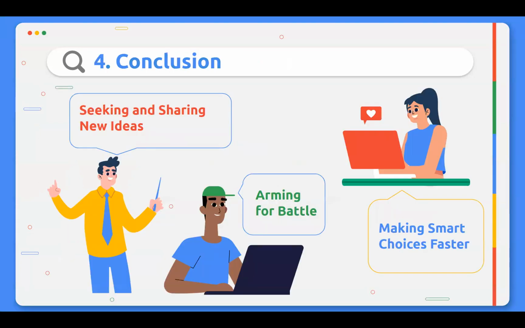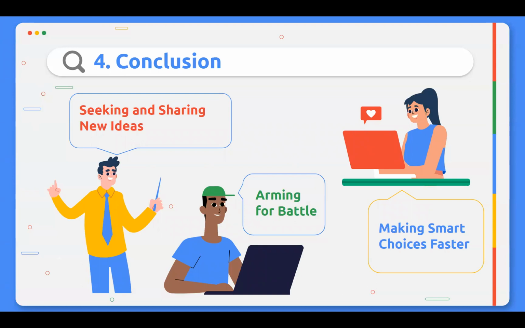So to conclude, there's three main things that we see with this new addition to the traditional three-step marketing model, and that is that users are seeking and sharing new ideas through online platforms as well as digital devices.